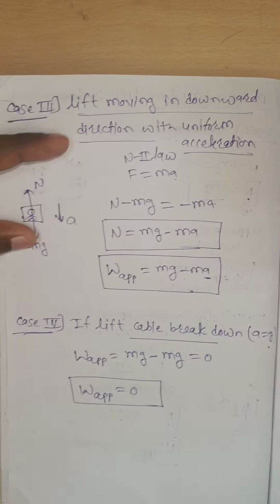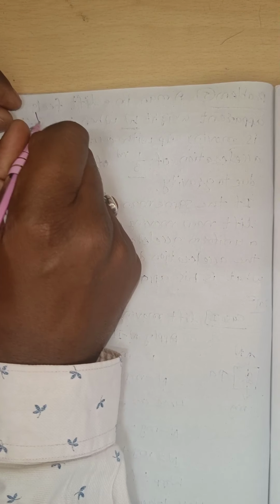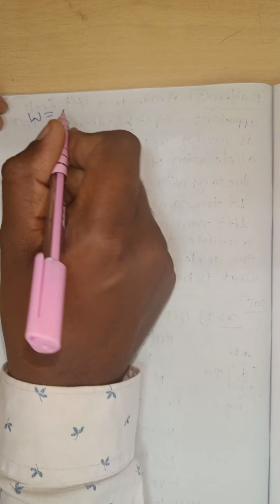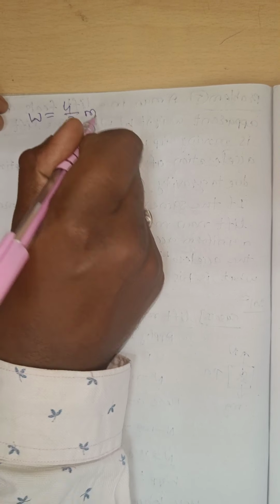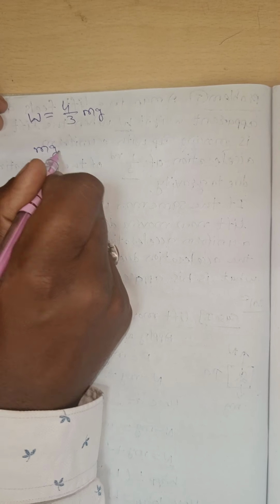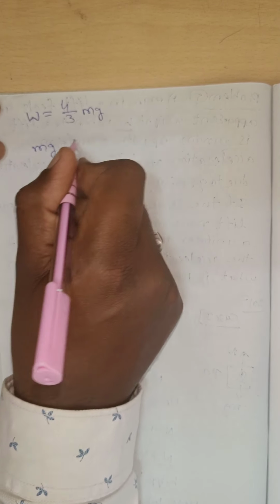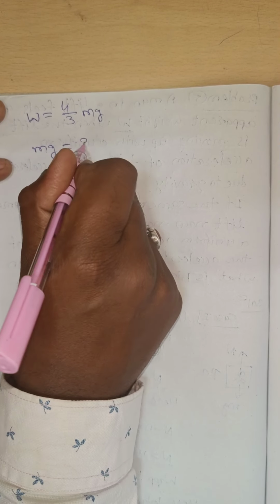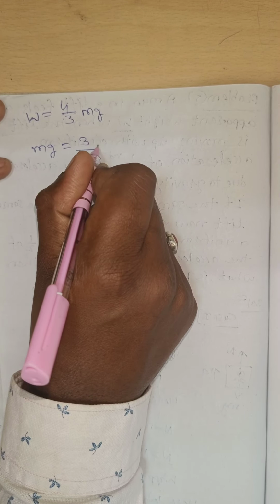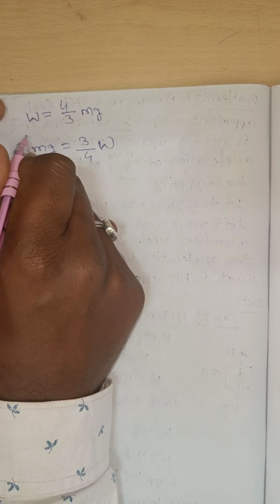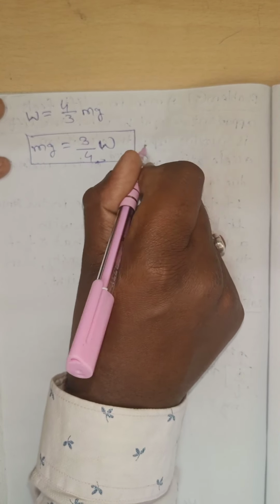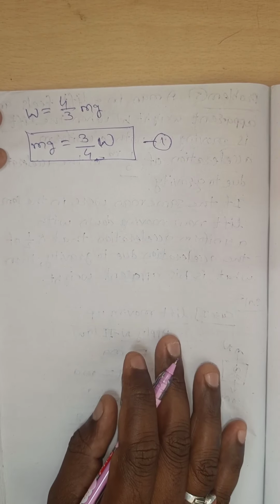From that, apparent weight W is equal to 4/3 into mg. So mg is equal to, taking cross multiplication, 3/4 into W. We treat this as equation number 1.